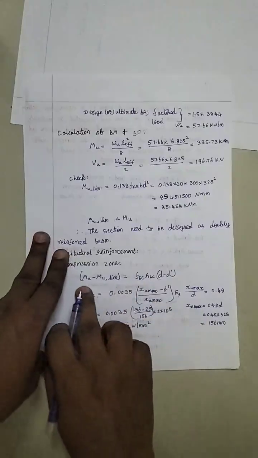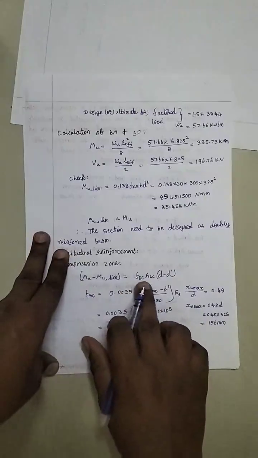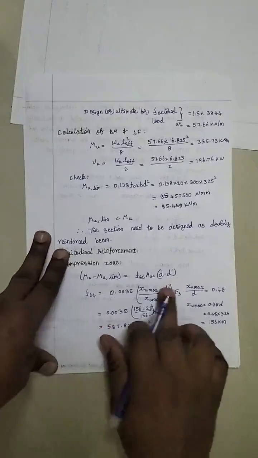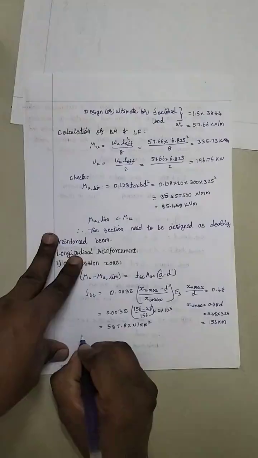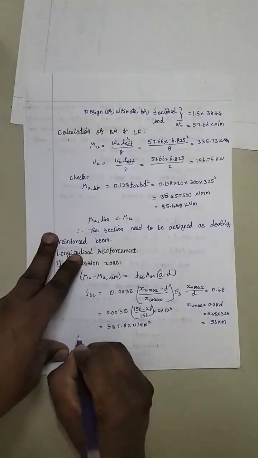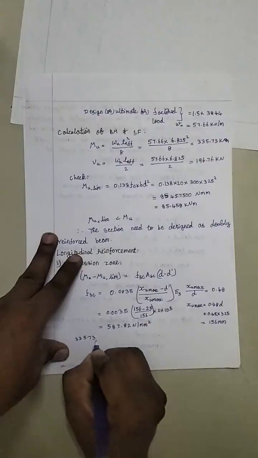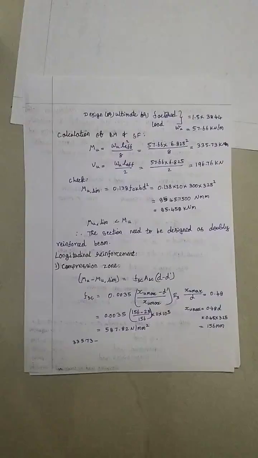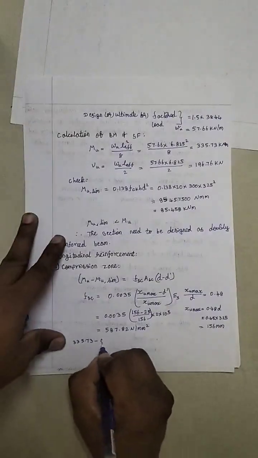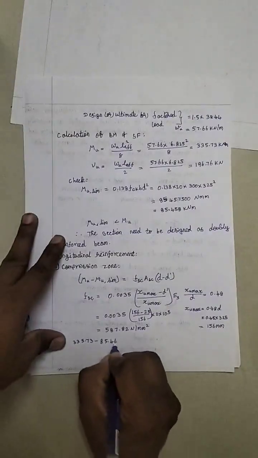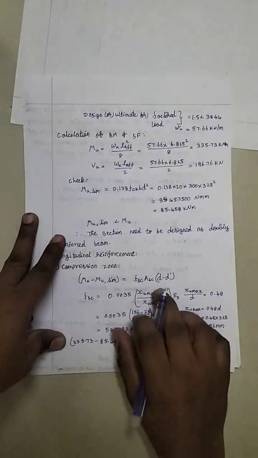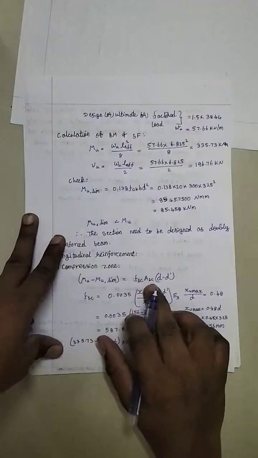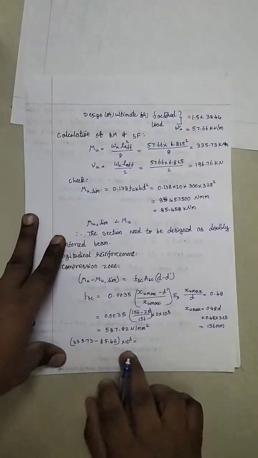So we know the Mu limit value, FSC value, D and D dash value. So we can calculate the ASC value. Here Mu is 335.73 minus Mu limit is 85.46 into 10 to the power 6, because here the value of ASC we will calculate in terms of mm square. So I am converting everything into Newton mm.